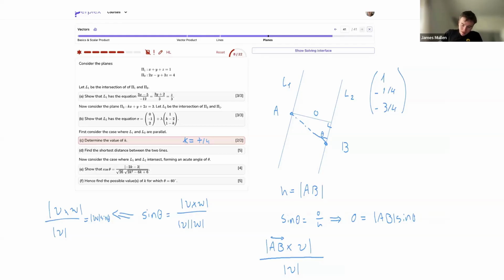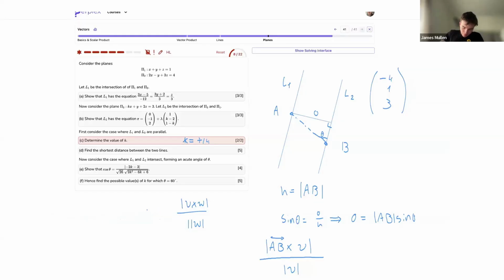But you know what we said? The direction of L2 is parallel to L1, and we know that L1 has a direction of (minus 4, 1, 3). And so I can take this cross product, find its magnitude, and divide that by the magnitude of V alone. So let's actually do that.